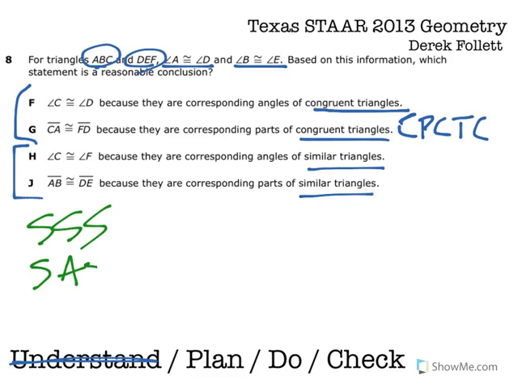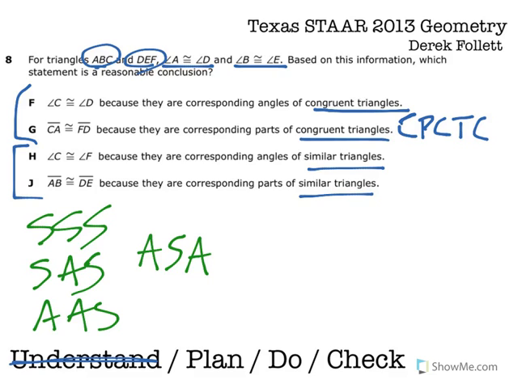Side, angle, side, that's when you have 2 pairs of congruent sides and the included angle. Angle, angle, side, and angle, side, angle. Well, all of those you need at least 1 side, and I don't know anything about the sides. I just know 2 angles.